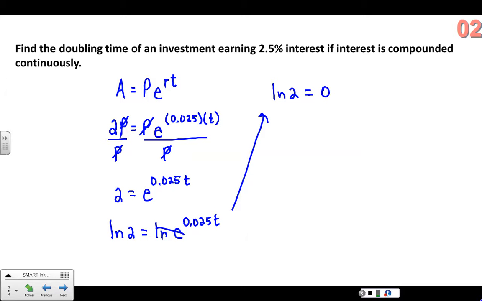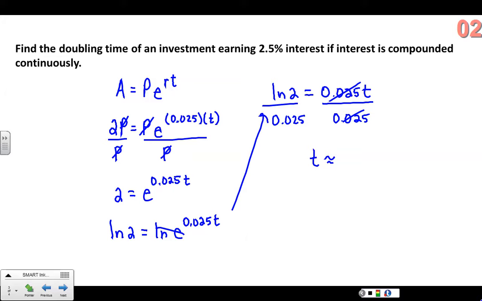equals 0.025t. To solve this equation, I'm going to divide by 0.025. So t will be the computed amount of time here.